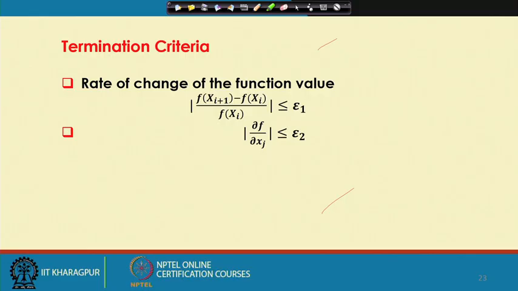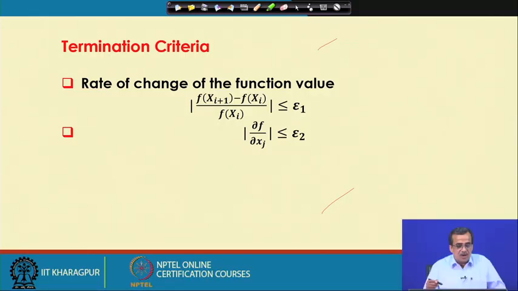Now, I am just going to take one numerical example to show the working principle of this algorithm, but before that let me mention the termination criteria of this algorithm.